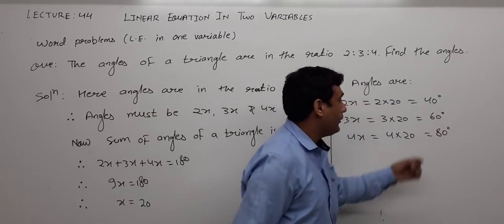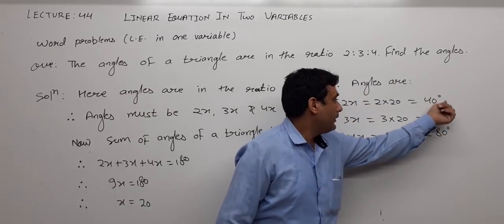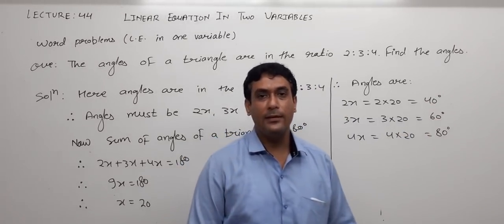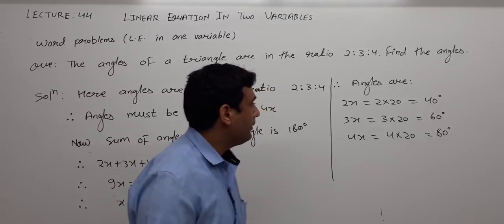So here you can verify your answer as well. 40 degrees, 60 degrees and 80 degrees. So the sum of these three angles is 180 degrees. Okay, so please note it down.